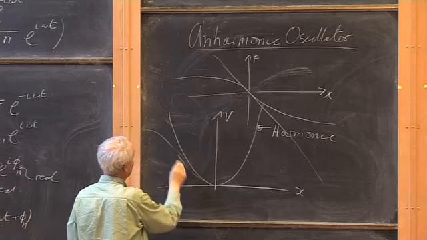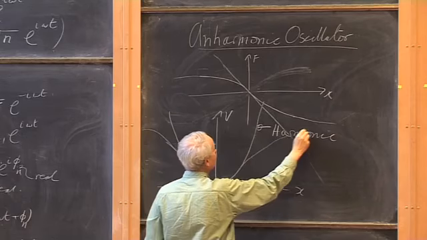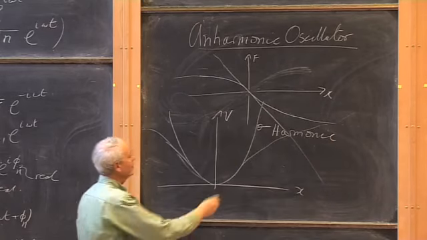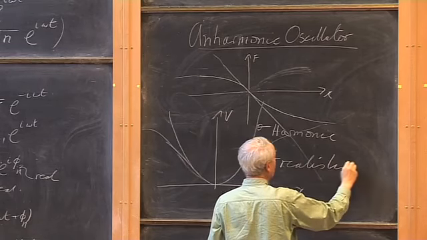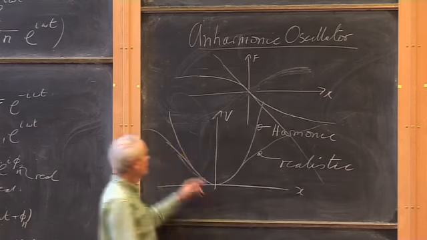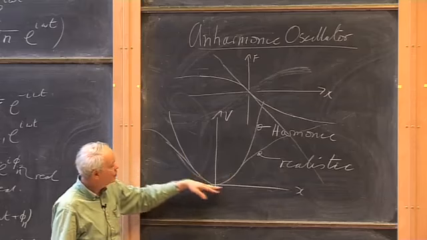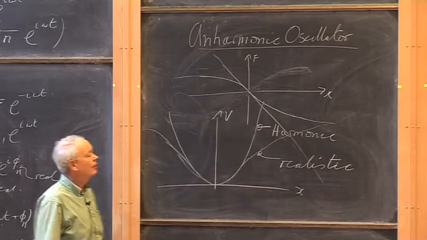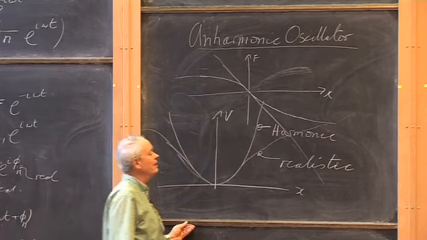Sorry, and I need to draw it so it becomes tangent to this, and then disappears off like this. So this is a more realistic curve. And the harmonic oscillator is a good model if the parabola is tangent to the realistic curve over a decent range. That's the main idea.